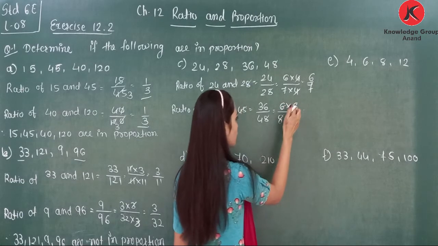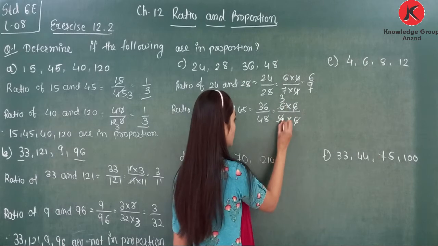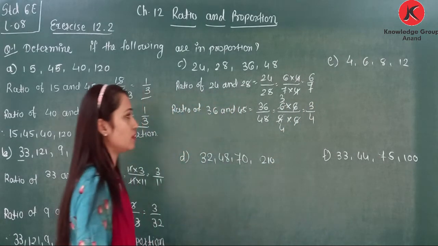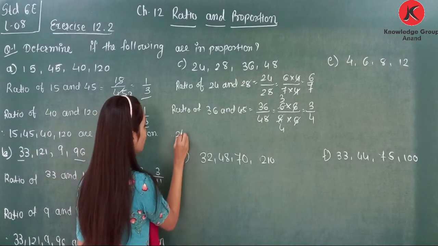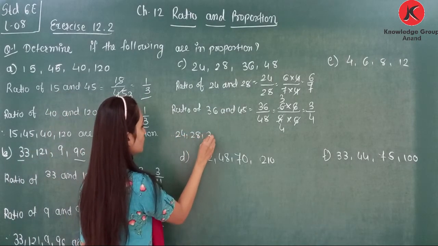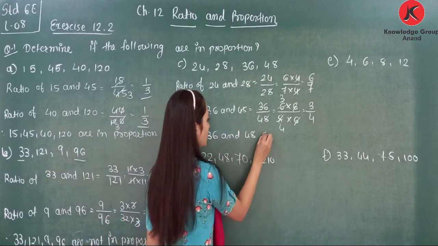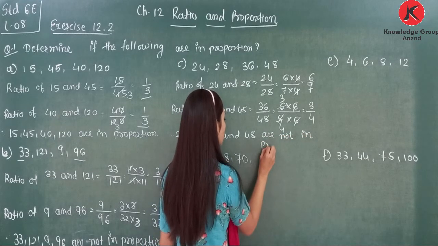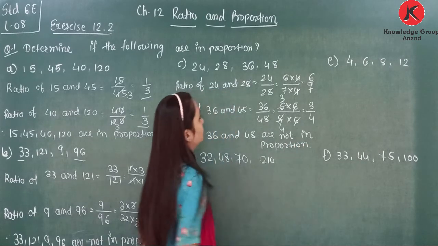If you cut the common factor 6 from 6 and 8, then you get 3 by 4. So again the ratios are not the same. So we can write 24, 28, 36 and 48 are not in proportion.